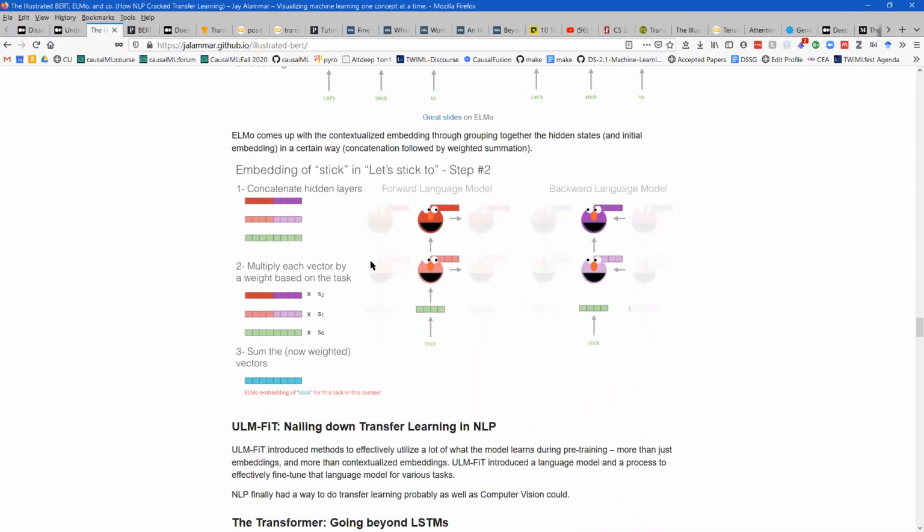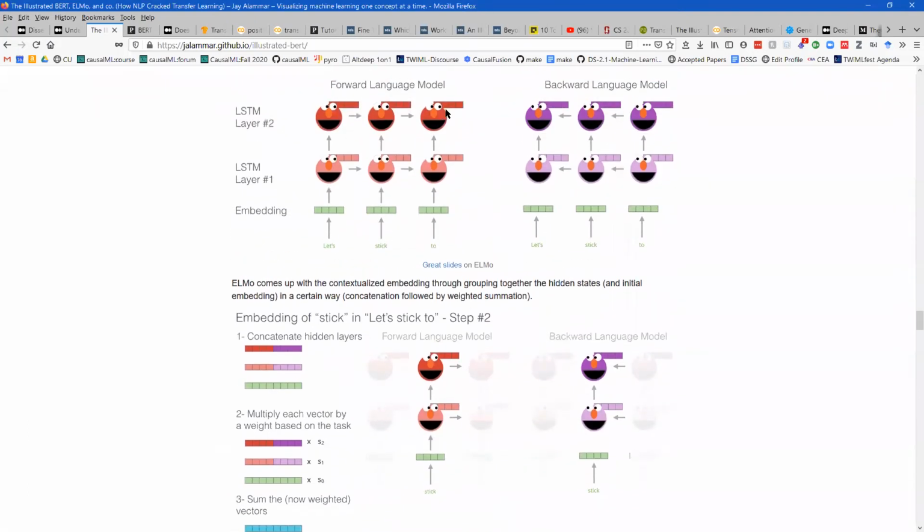And then you concatenate all the hidden layers. You can see these are the hidden layers. This is dark red and light red. The dark red is the LSTM layer 2 hidden layers, and those are concatenated with the backward language model second layer. So that gets this one.